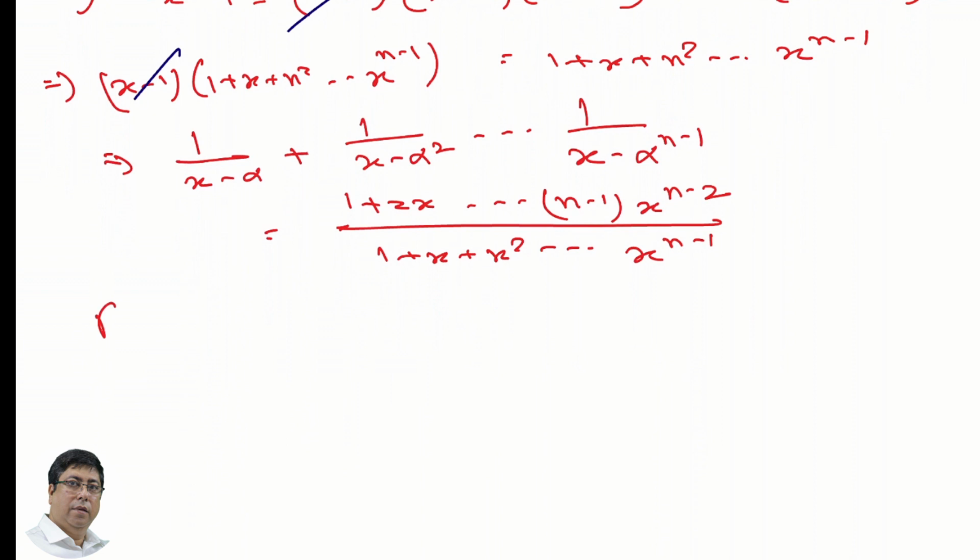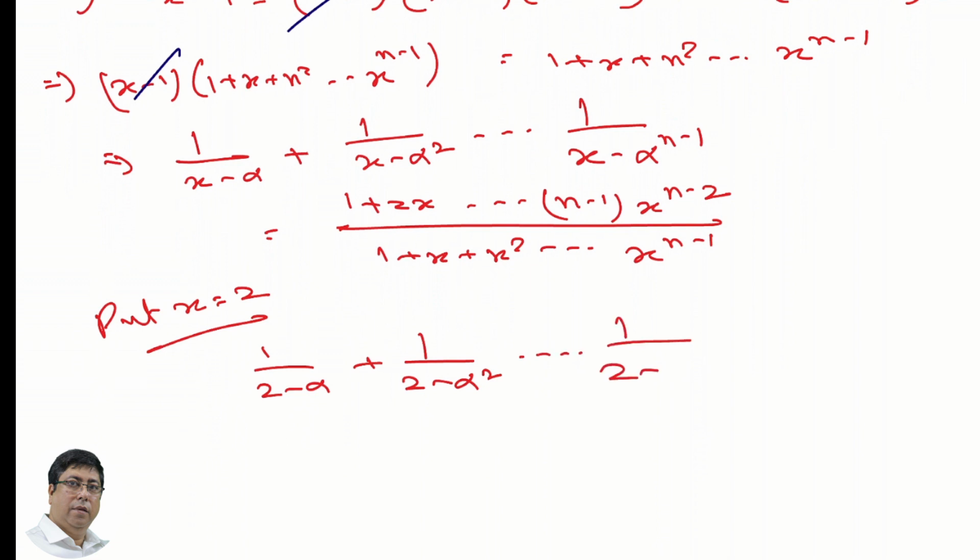So put x equal to 2, because our requirement is this. Therefore, we are getting 1 by 2 minus alpha plus 1 by 2 minus alpha square, up to 1 by 2 minus alpha to the power n minus 1, equal to 1 plus 2 into 2 plus 3 into 2 square up to n minus 1 into 2 to the power n minus 2.